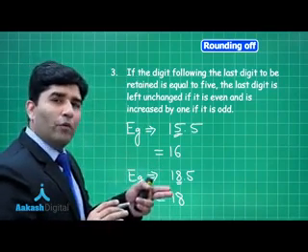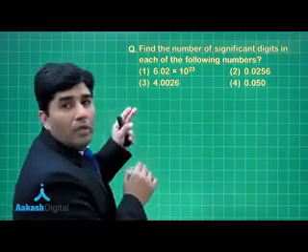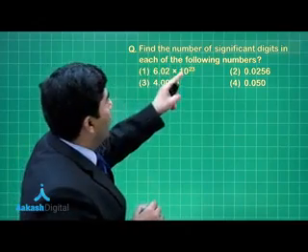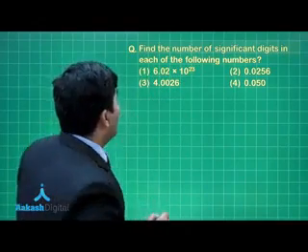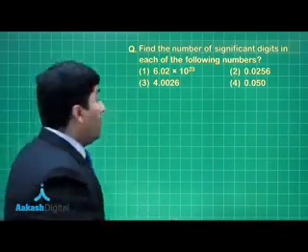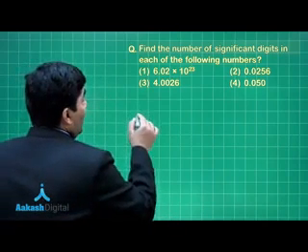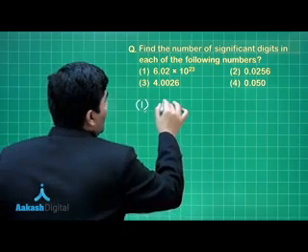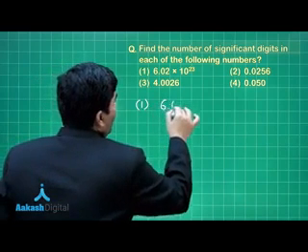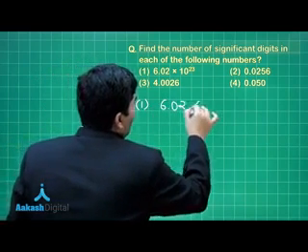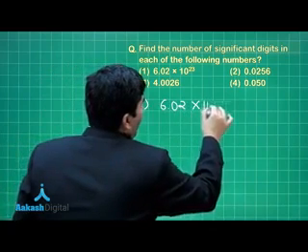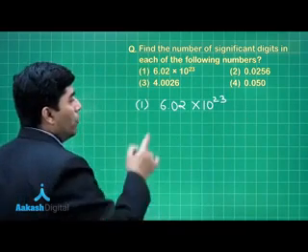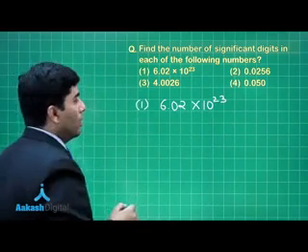Let's solve a question. He is asking, find the number of significant digits in each of the following numbers. First number is our Avogadro number. The number is 6.02 into 10 to the power 23, right? We will not consider 10 to the power 23.